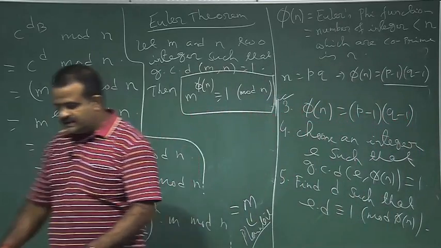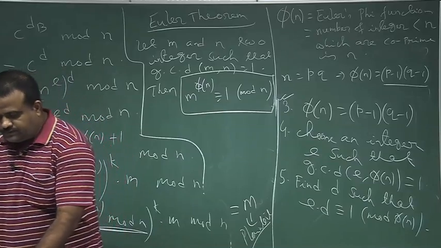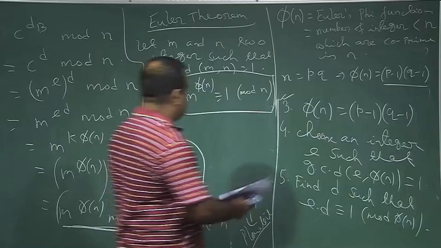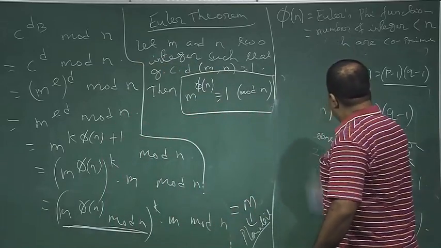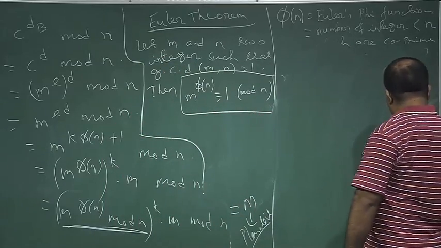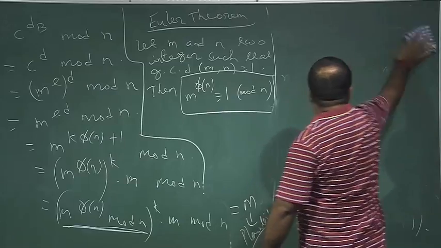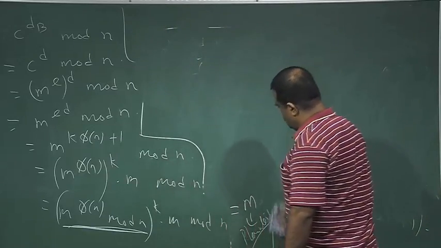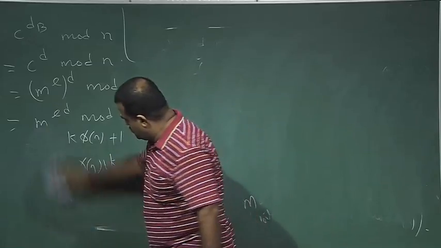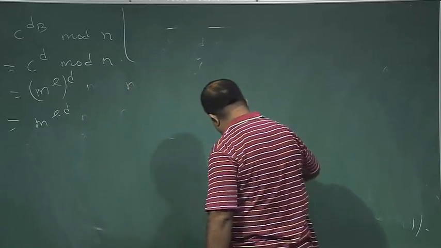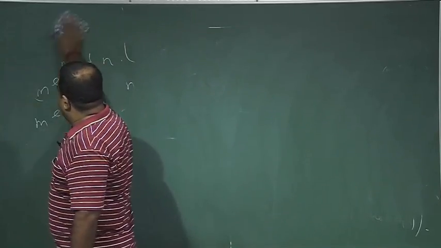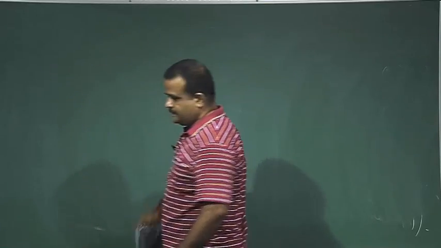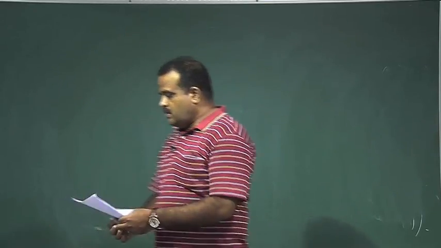Okay, we can take a quick example on this RSA. So let us take a quick example. We have to choose the primes.